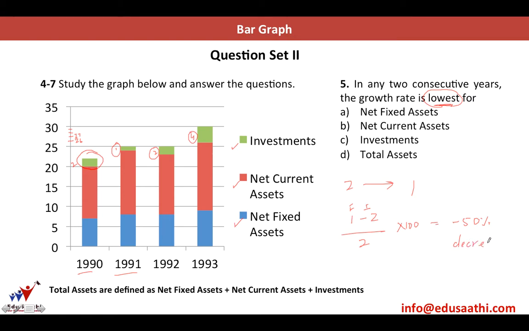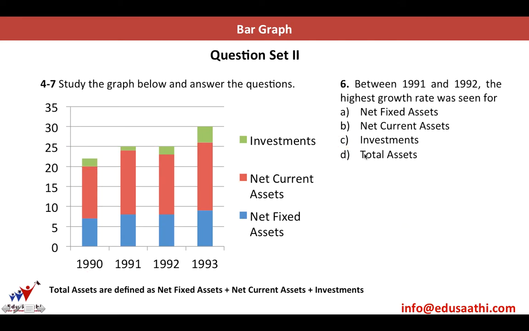The minus sign shows us that it's a decrease. So what is the answer here? Investments. If you try for other investment, other net current assets or fixed assets or total assets also, you will not get this figure 50%. This is the highest negative growth rate. Let's look at the next question.